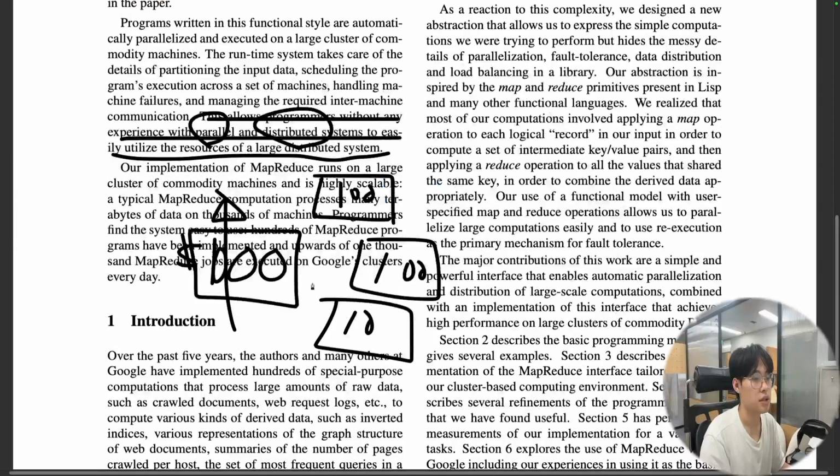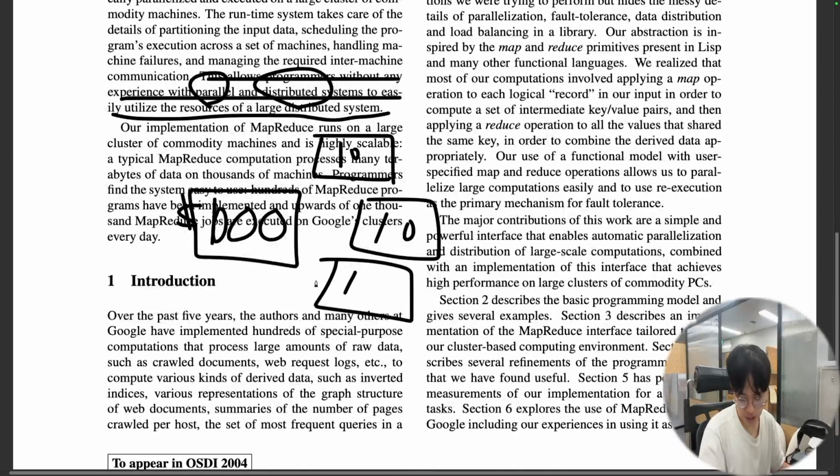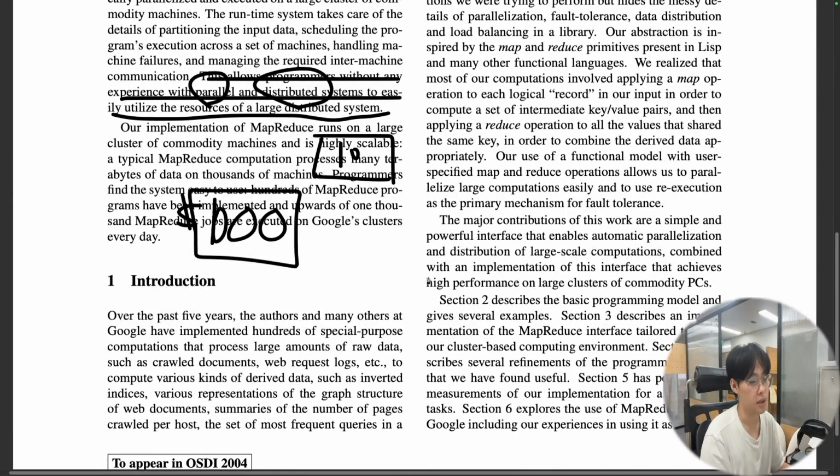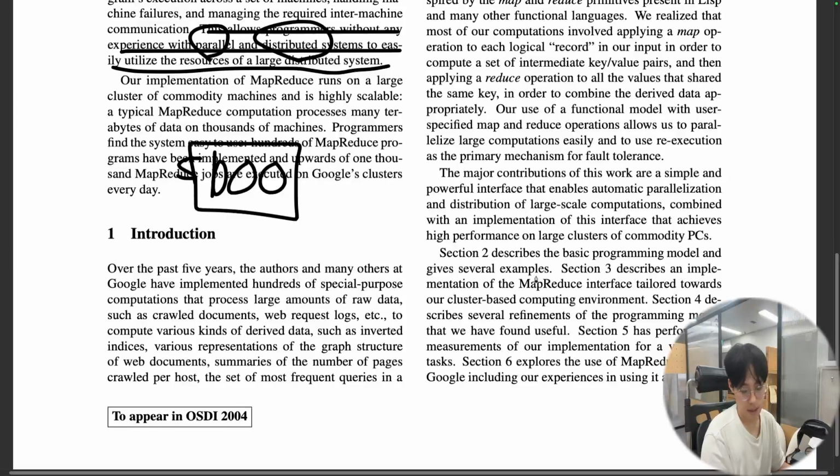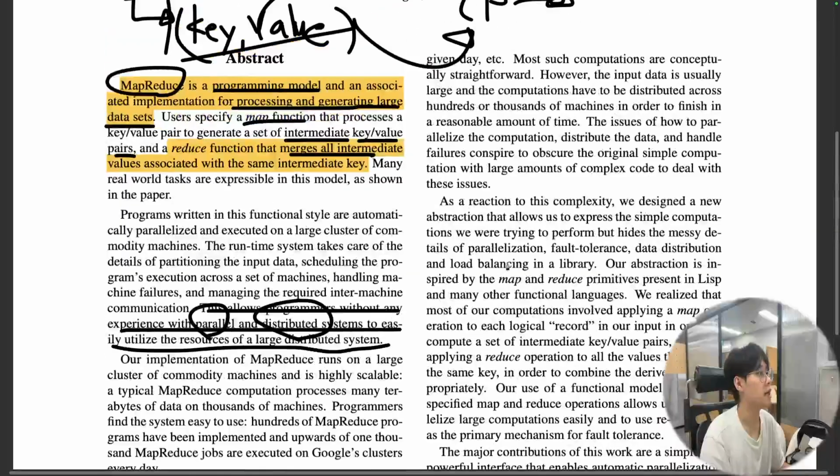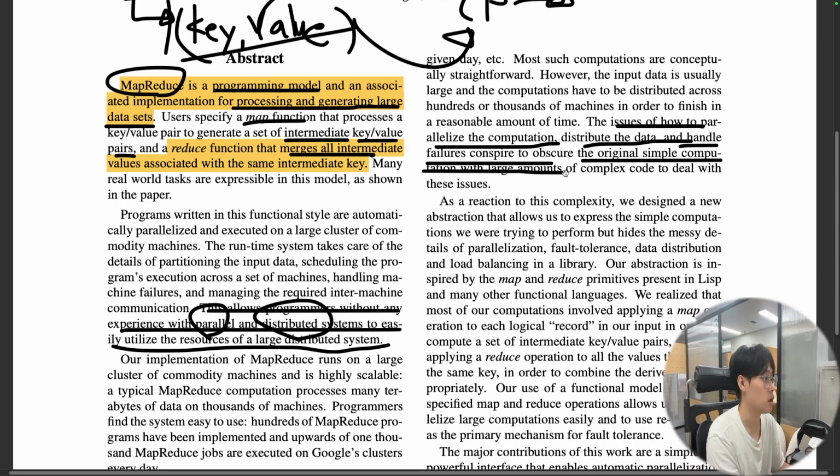This introduction explains a lot. This part is saying that the issues of how to parallelize the computation, distribute the data, and handle failure conspire to obscure the original simple computation with large amounts of complex code to deal with these issues.